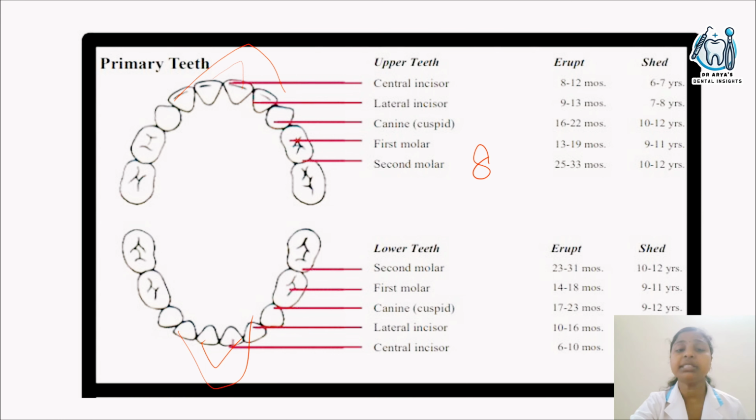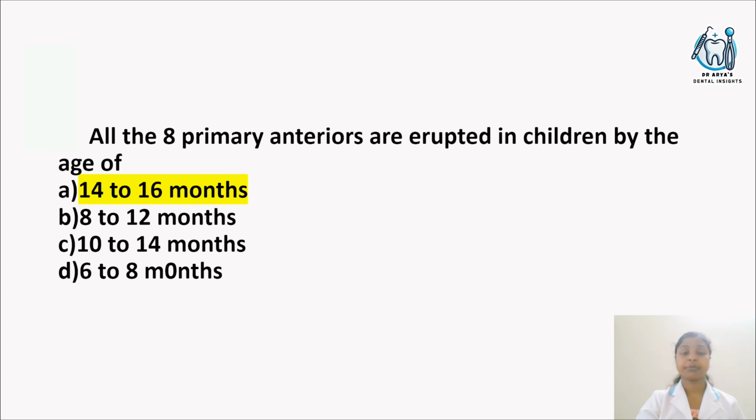Upper central incisor 8 to 12 months and lateral incisor 9 to 13 months. Lower central incisor 6 to 10 months, lateral incisor 10 to 16 months. So it is roughly 14 to 16 months.